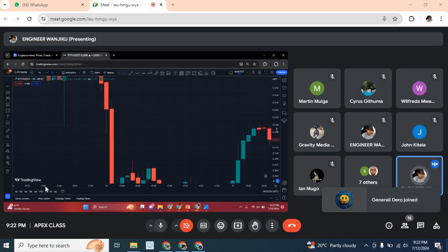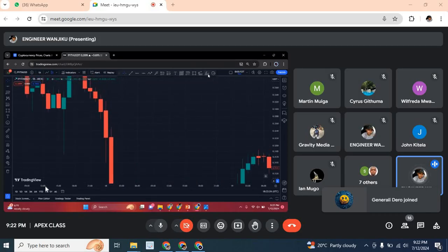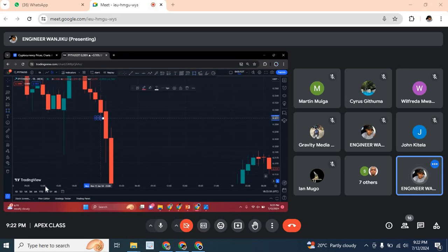If there's a space in between, then that qualifies as an FVG. This is how we illustrate it. From that price right there, between the lowest price of the first candle and the highest price of the third candle, if there's a space, that is what you call an FVG.